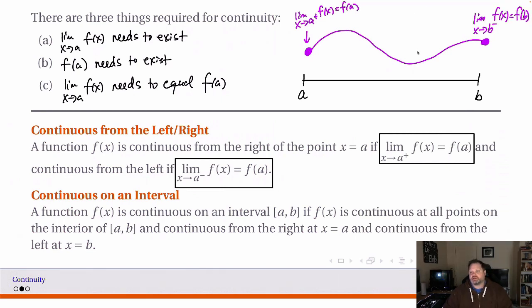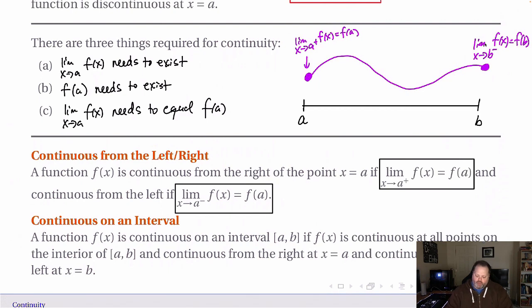And at every point in between, the function is continuous. So it takes all three of those things in order for a function to be continuous on an interval.